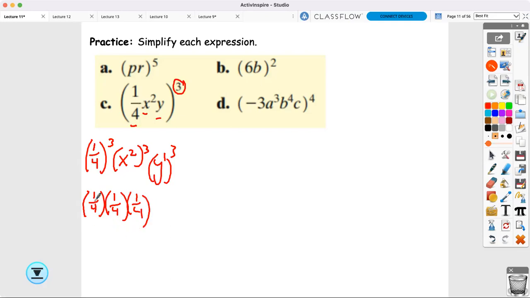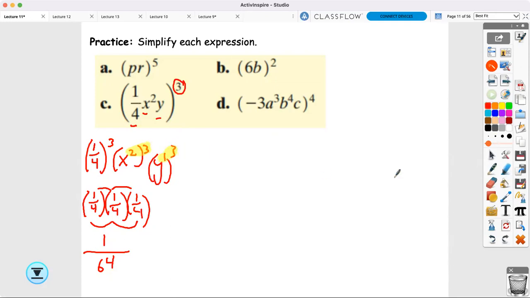So let's multiply all the ones. 1 times 1 times 1 is just a 1. 4 times 4 is 16. Then 16 times another 4 is 64. So we just multiplied across. And now remember, we have a power to a power, the 2 and the 3 and the 1 and the 3.